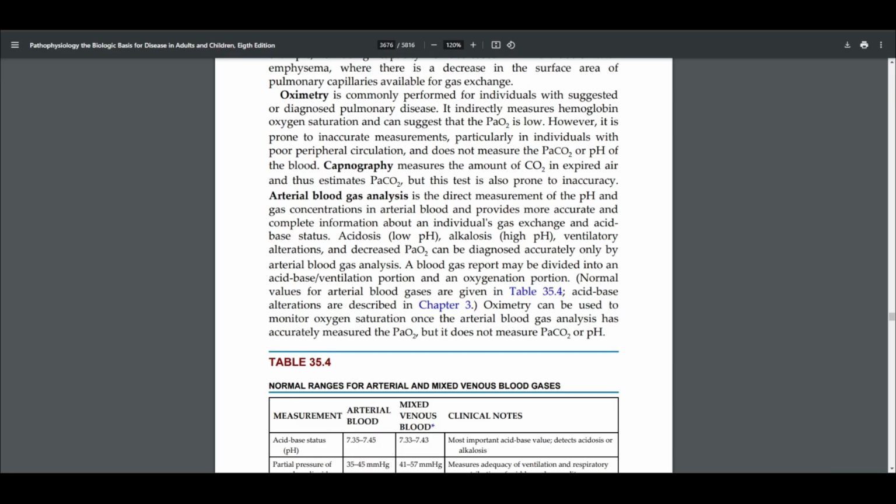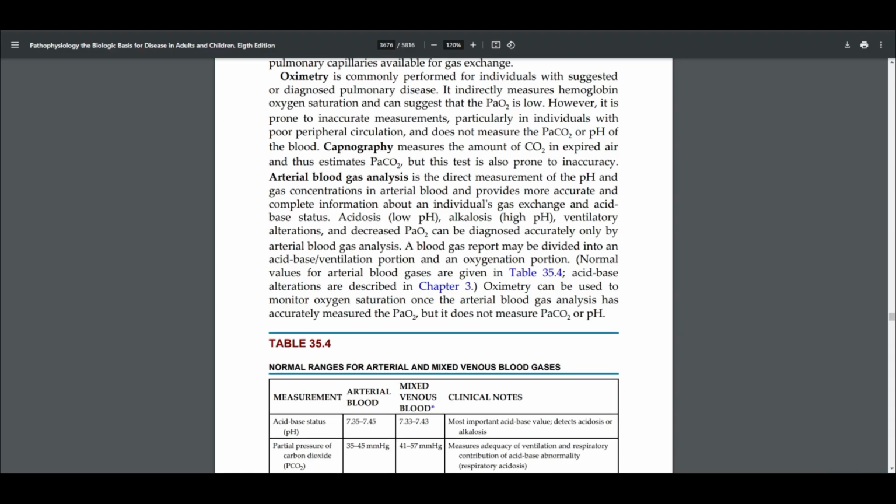Your ABG analysis is the direct measurement of pH and gas concentrations in arterial blood and provides more accurate and complete information about an individual's gas exchange and acid-base status. Acidosis, alkalosis, ventilatory alterations, and decreased PaO2 can be diagnosed accurately only via an ABG.